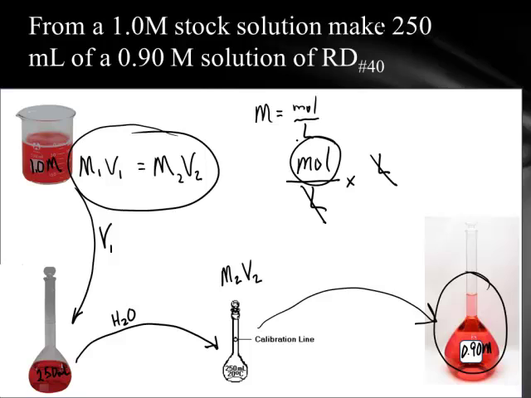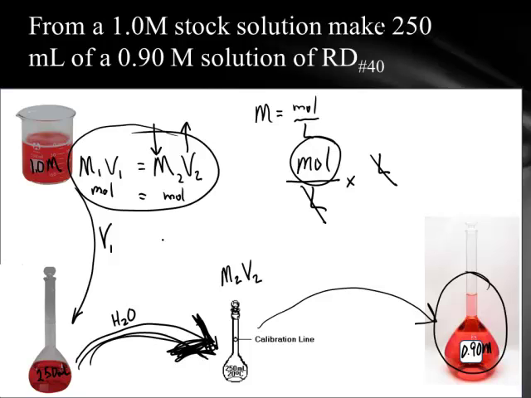So in this equation, it works because the moles in condition 1 is equal to the moles in condition 2. We haven't removed or added any solute. All we have done is add water. And we've added water, so now we've diluted the solution to some lower concentration. We still have the same number of moles, but we've done that by increasing the volume and decreasing the molarity.